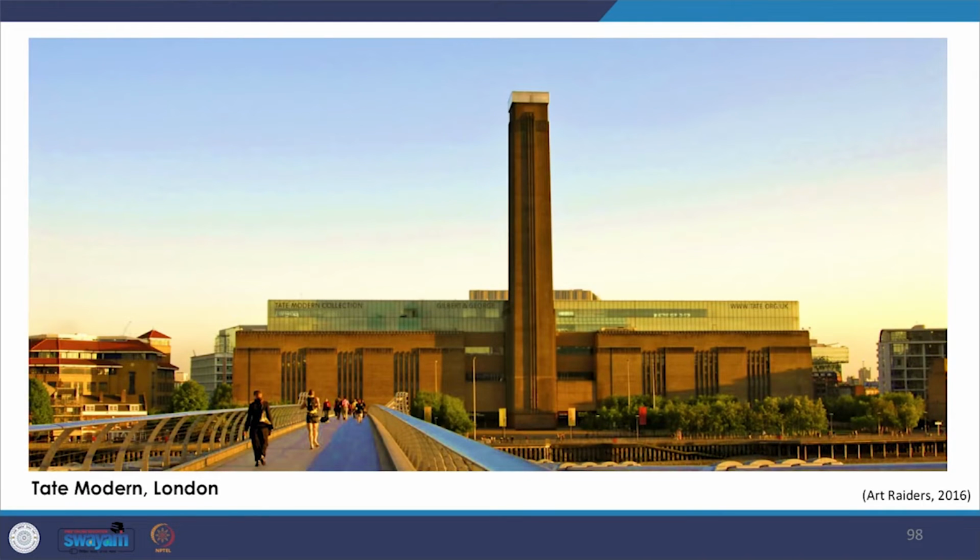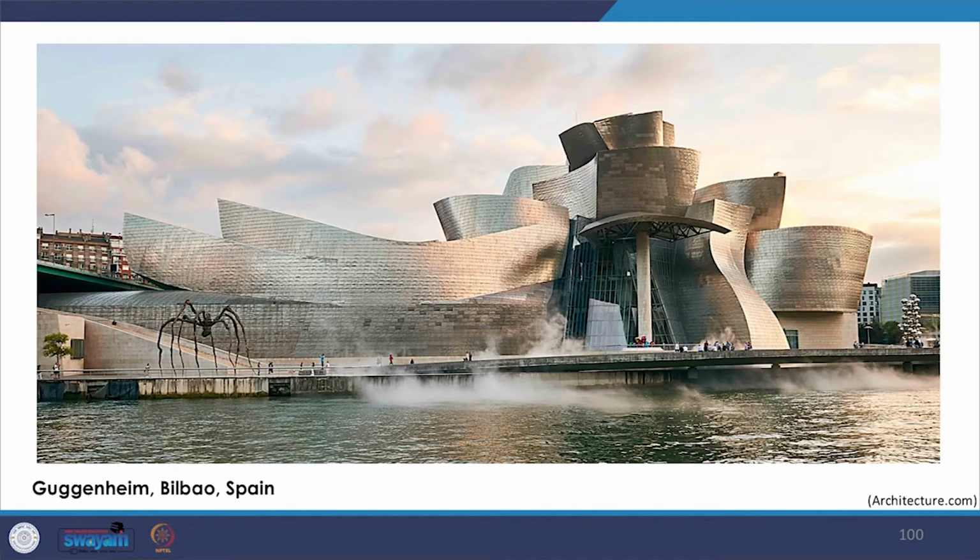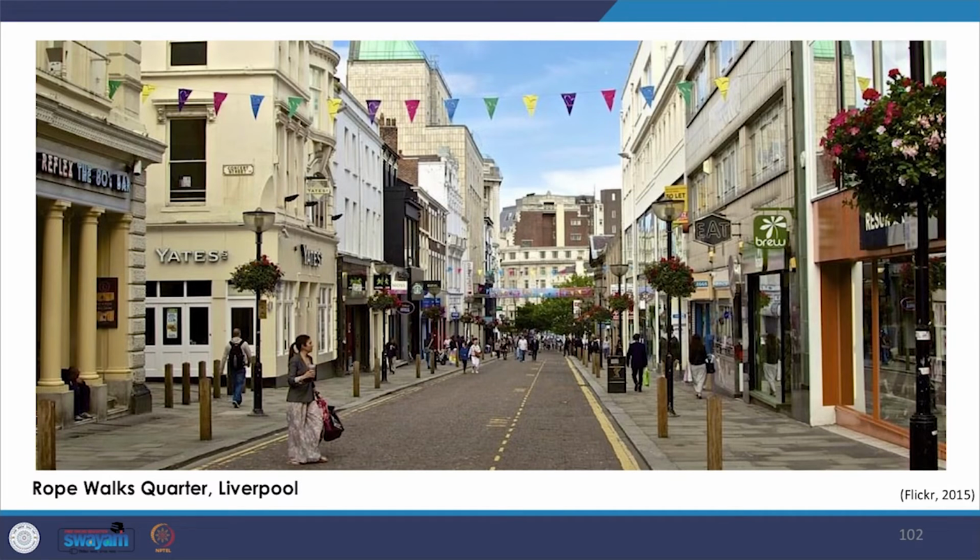Likewise, you can see Tate Modern in London as another example. The Guggenheim in Bilbao in Spain is another example which can be considered following this approach to address culture in cities. Similarly, we see Rope Walks Quarter in Liverpool as an example within this approach.